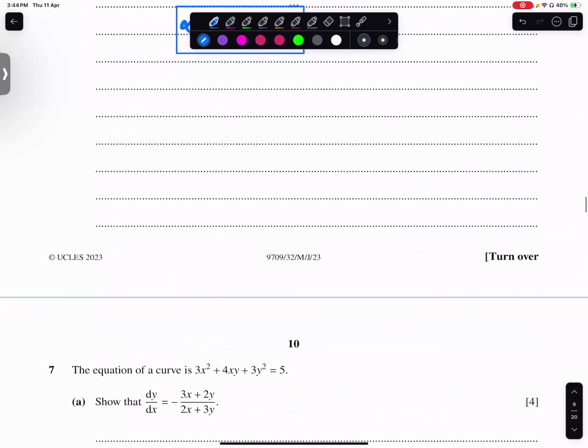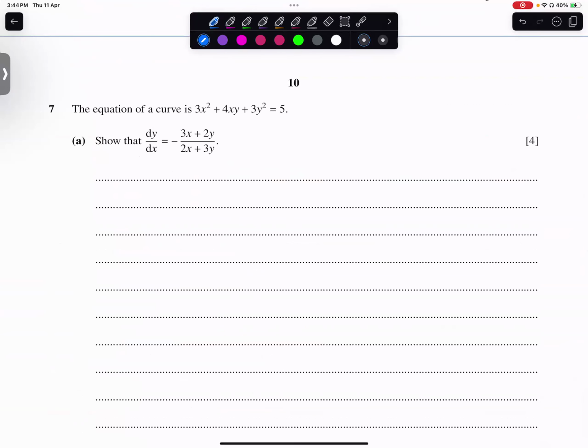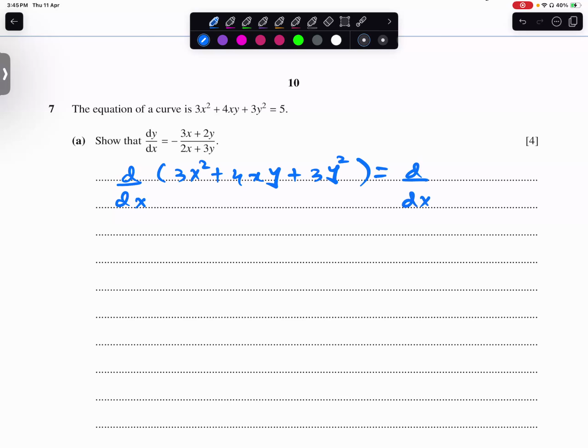So moving on to the next, this is easy from derivatives. The equation of the curve is this, implicit differentiation. Let's apply the derivative on both sides. So the derivative of 3x squared will be 6x plus, you will apply the product rule on that.